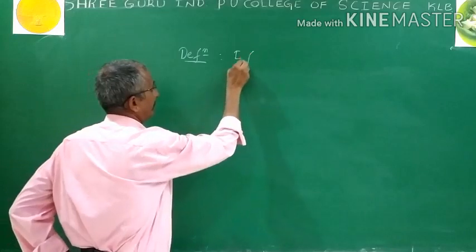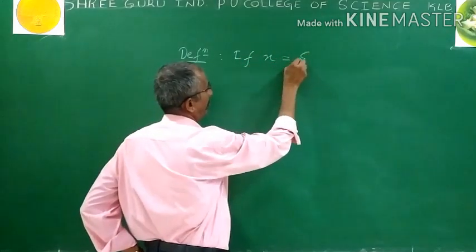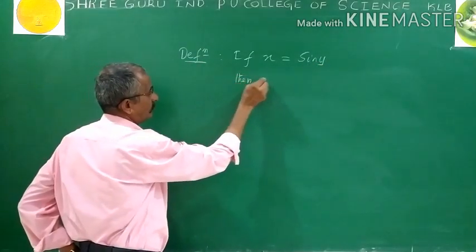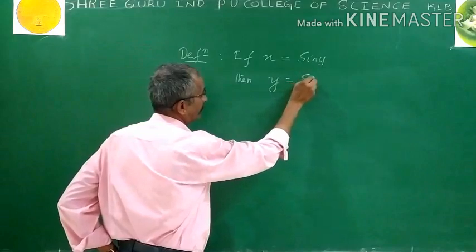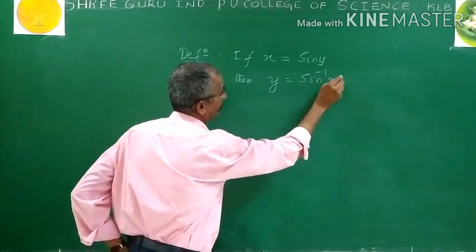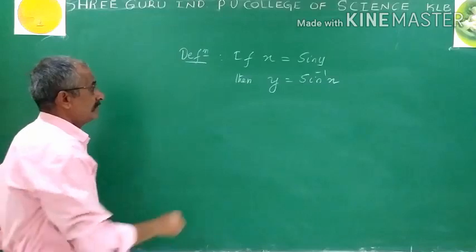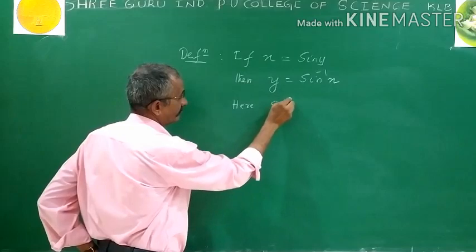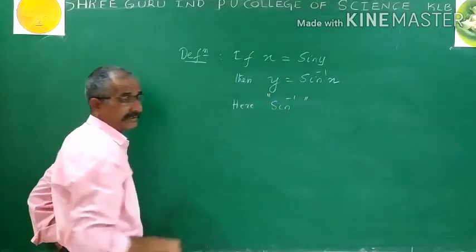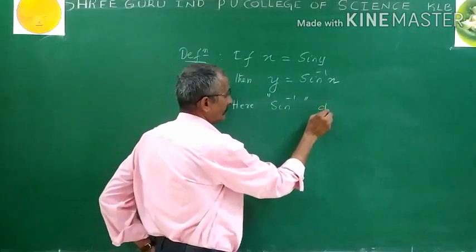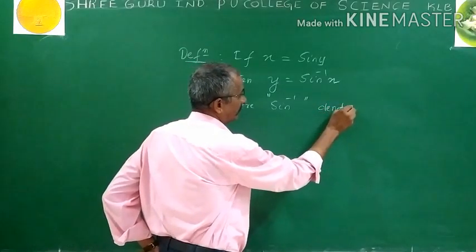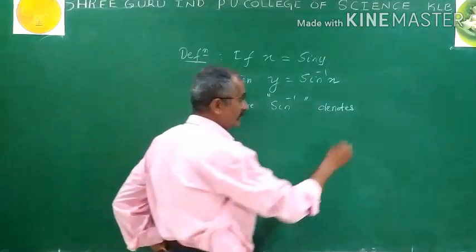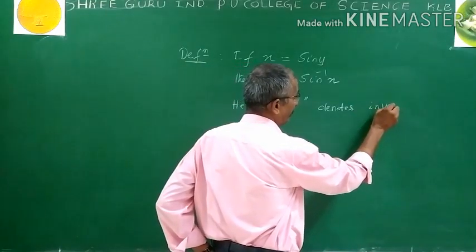If x is equal to sin y, then y is equal to sin inverse of x. Here, sin inverse denotes or represents the inverse sine function.